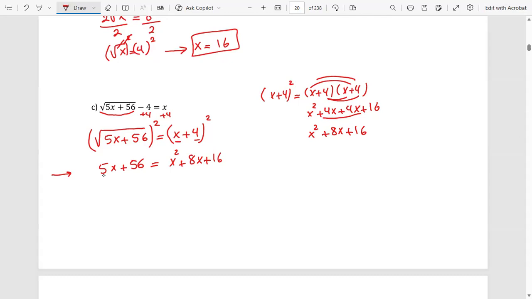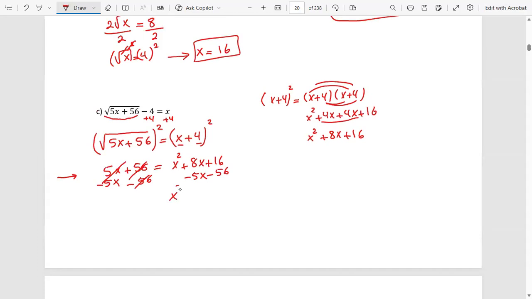So I want to move 5x plus 56 to the right side. So I will subtract both sides by 5x. I will subtract both sides by 56 to move them to the right. And we have x squared plus 3x minus 40, which is equal to 0. Now this is the equation that I need to solve.